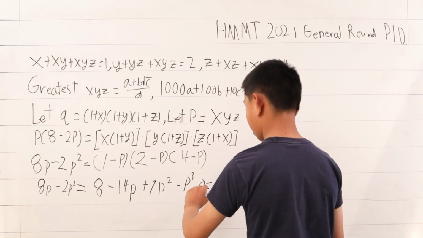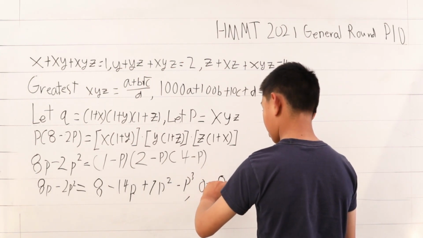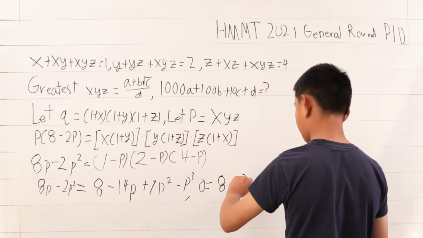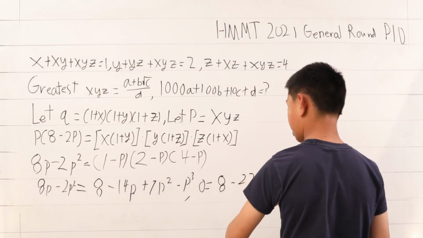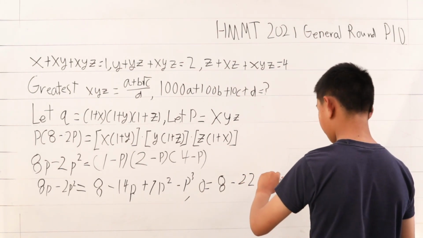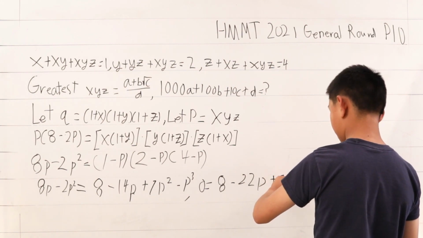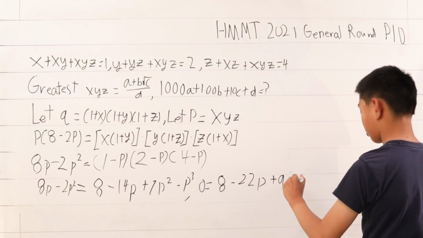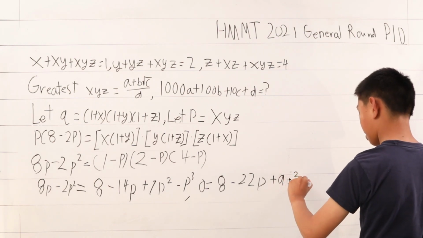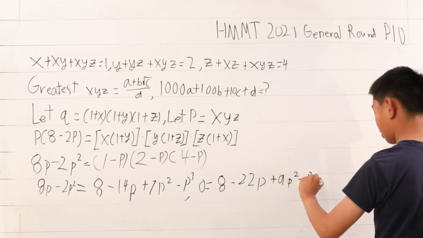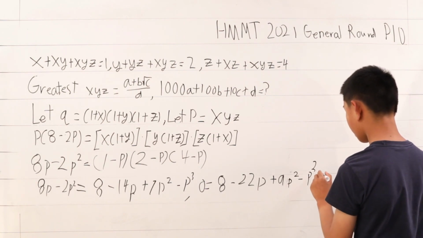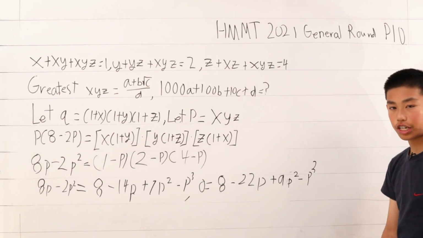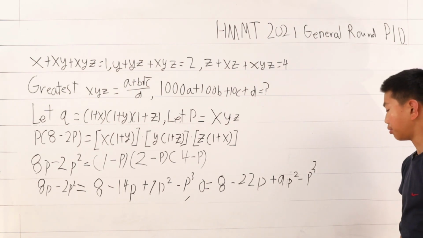0 is equal to 8 minus 22p plus 9p squared minus p cubed. And now we realize we have a tiny bit of a problem.